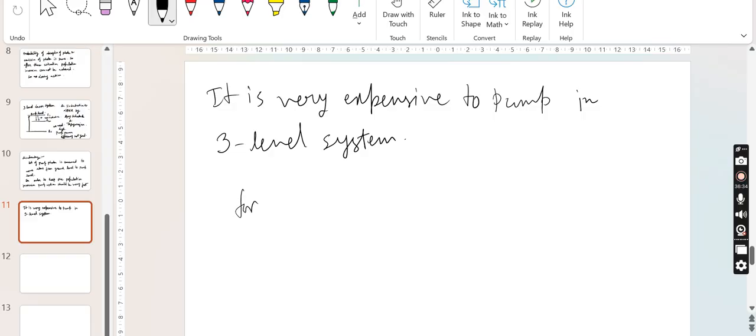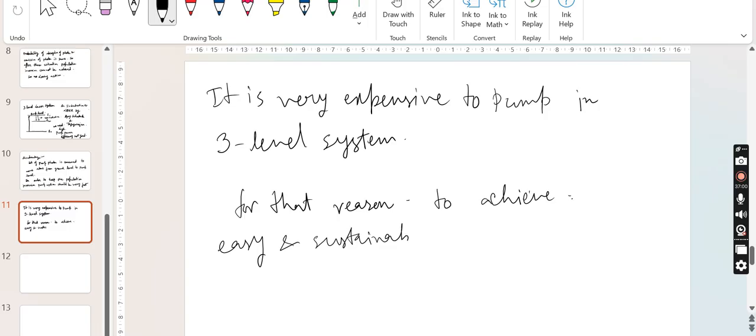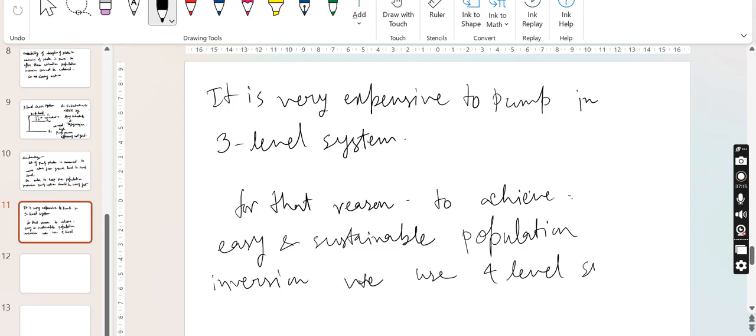So for that reason, to achieve easy and sustainable population inversion, we use a four-level system.